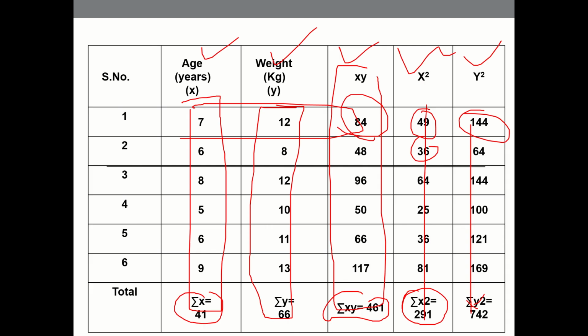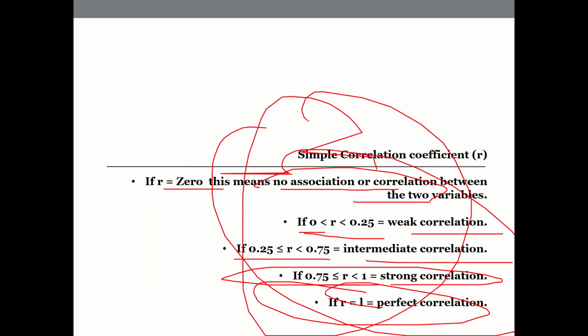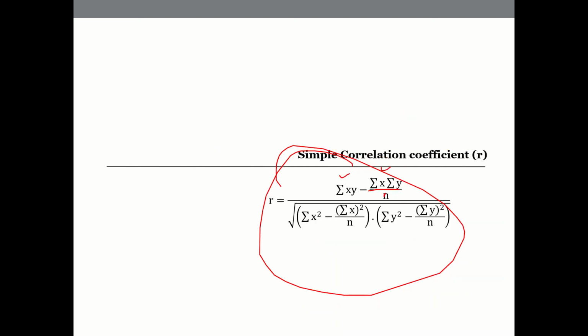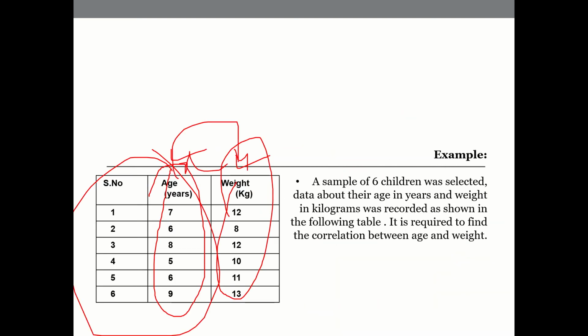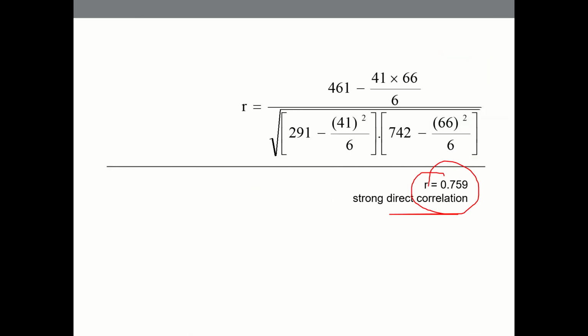Based on the benchmark, if the value is between 0.75 and 1, then there is a strong correlation between age and weight, a strong positive correlation, if with increasing age there is an increase in weight. So this is a very simple example.